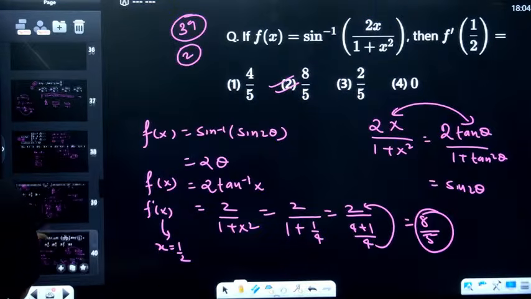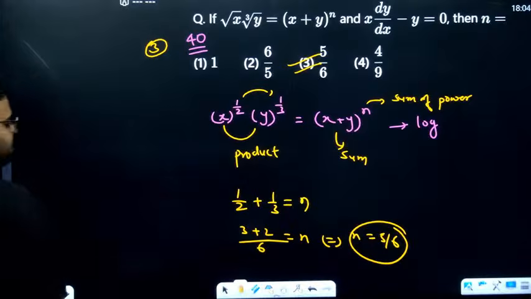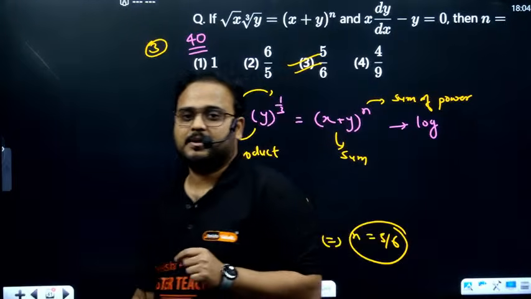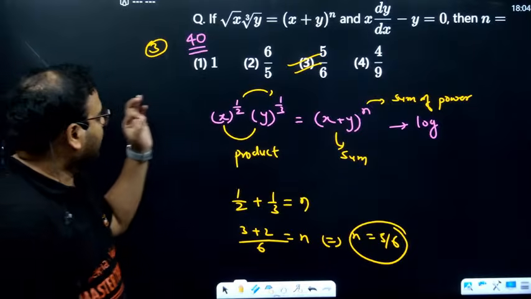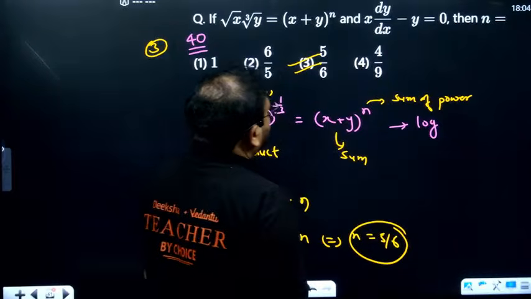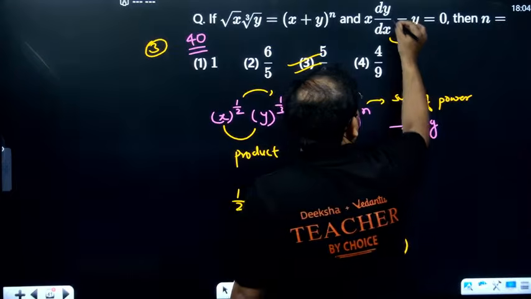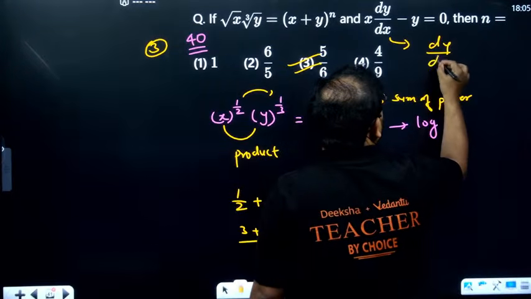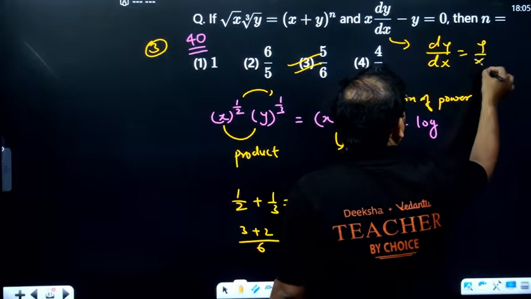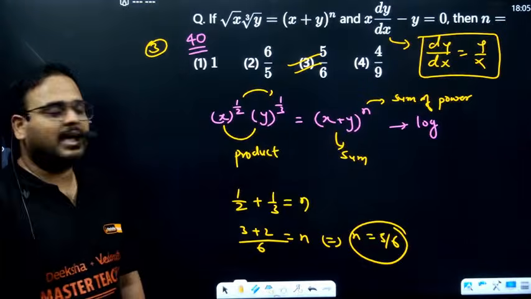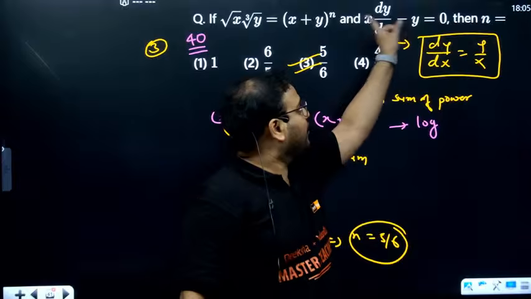So if you remember these methods, all of you overlooked this, didn't you? None of you even saw that they have given dy by dx is equal to y by x. They have given you this clue also. Move y over there, then the next comes.